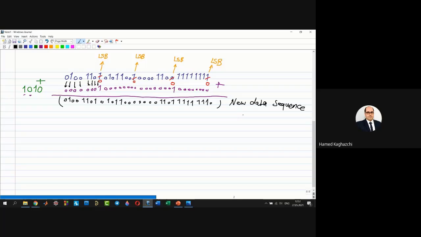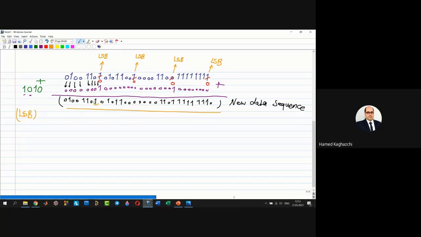Using digital watermarks, we embedded the secret data into it. Now we can transmit this data. Only we know that at the LSBs of each value we have our secret data.